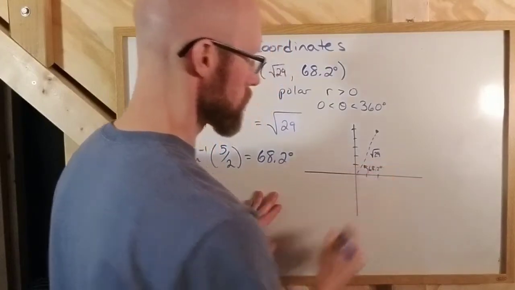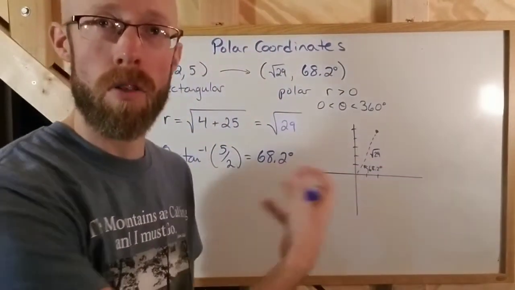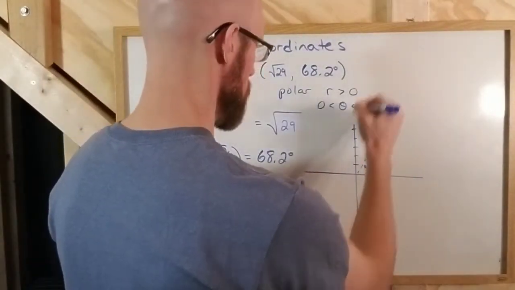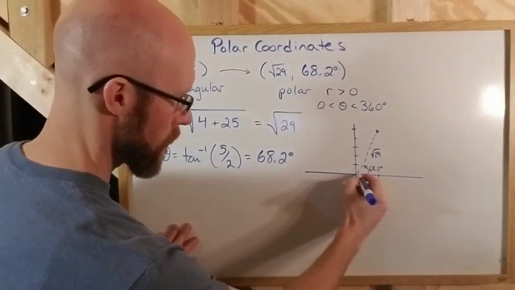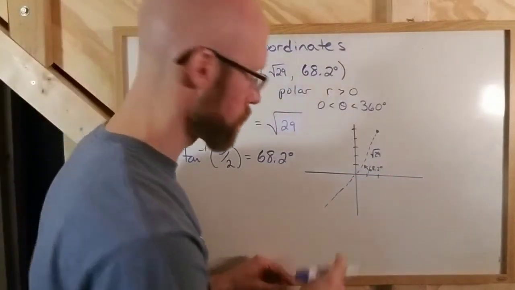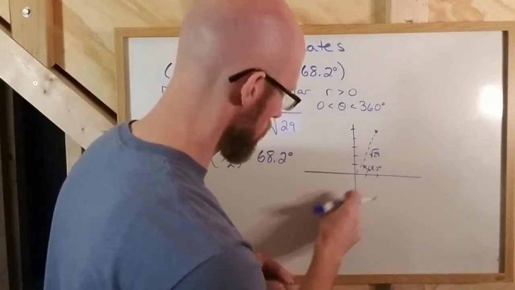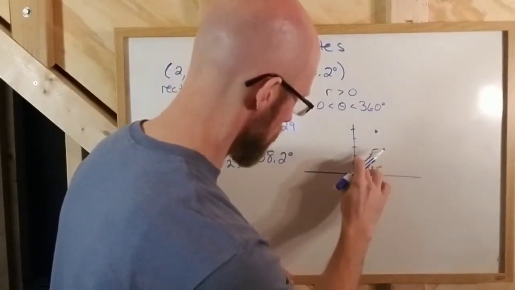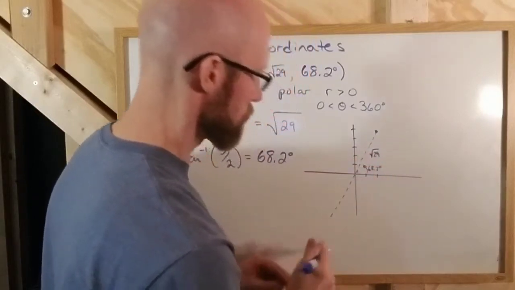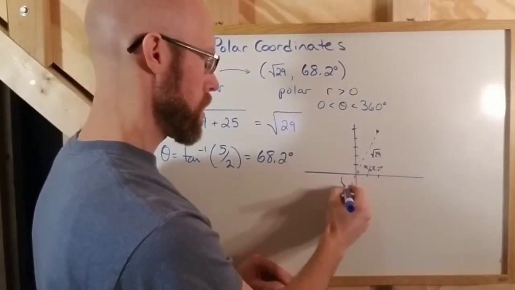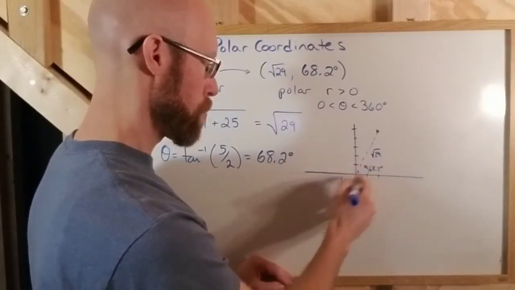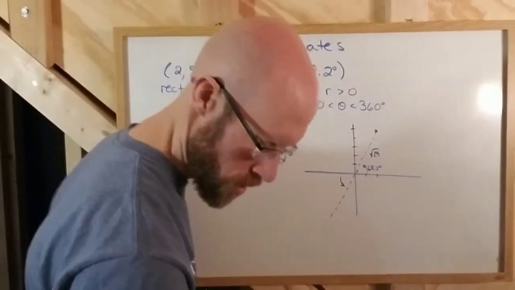68.2 degrees. Well, if I wanted to consider a negative radius, I would need the angle to be down here into the third quadrant. Okay, ooh, that's not a straight line. In fact, none of this is straight very, very well. There, that's better. So I would need to go with 180 plus 68.2.